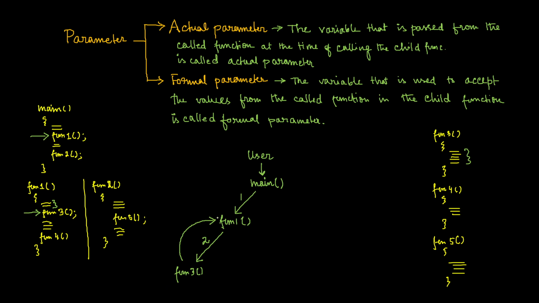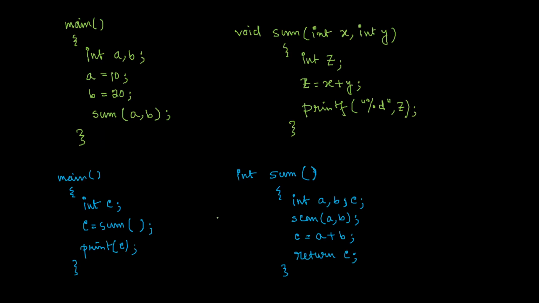Why am I saying this? If you see this case here, for example, a and b were given 10 and 20, then sum was called, and this sum is a void function, so naturally it will not return anything.